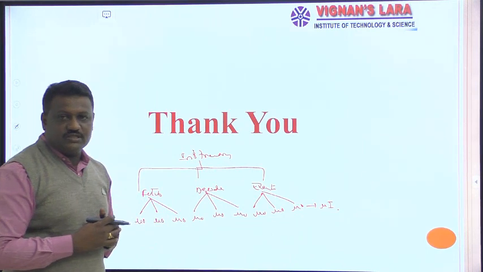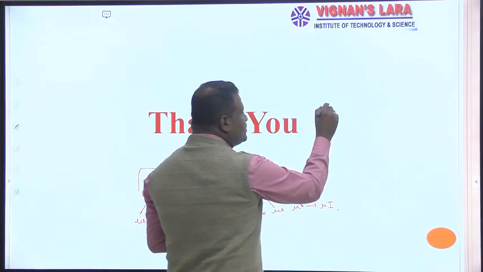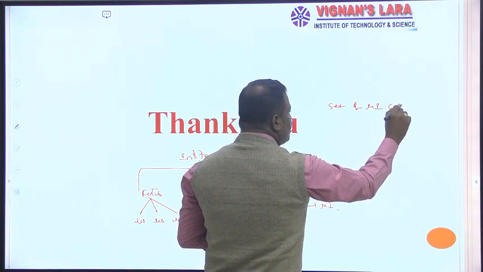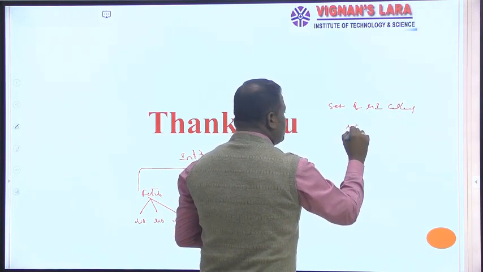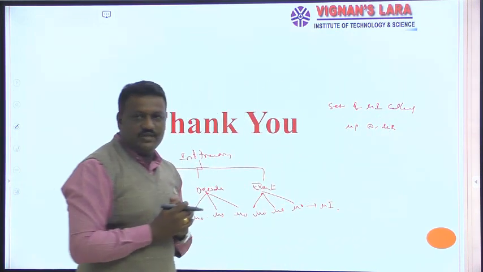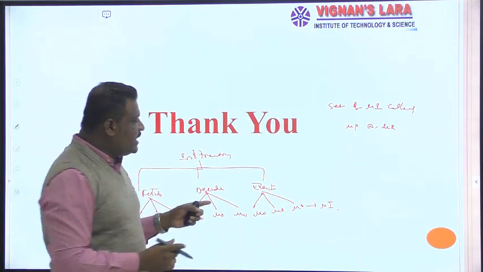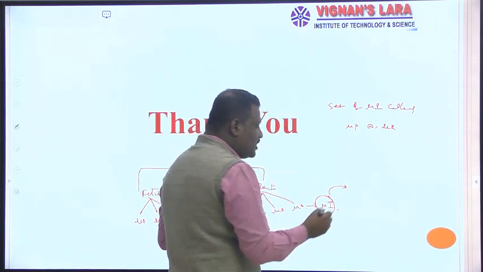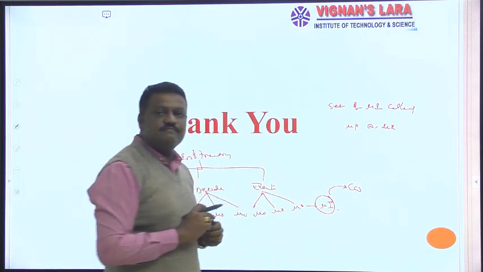A set of micro instructions is called a microprogram or micro routine. That's what I'm saying. Here each and every micro instruction in this lecture I can call a control word.